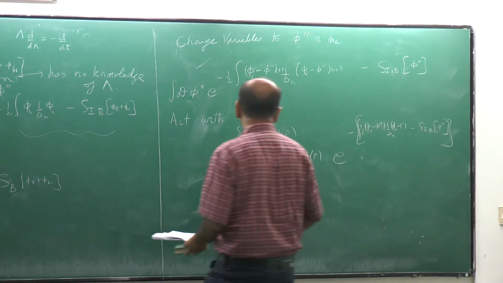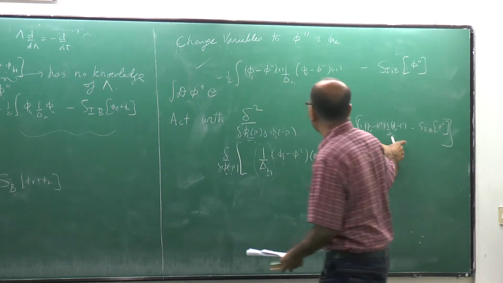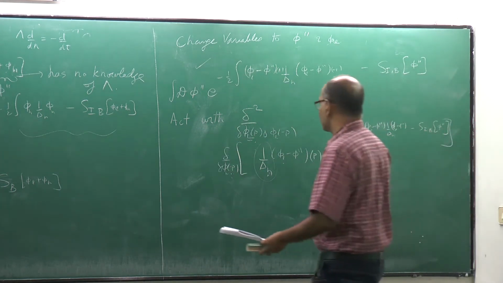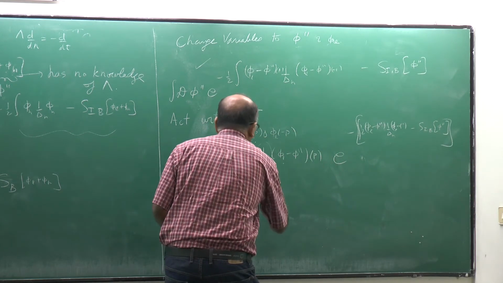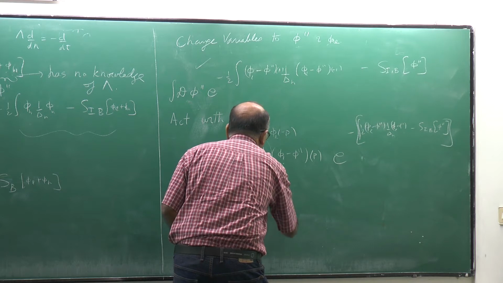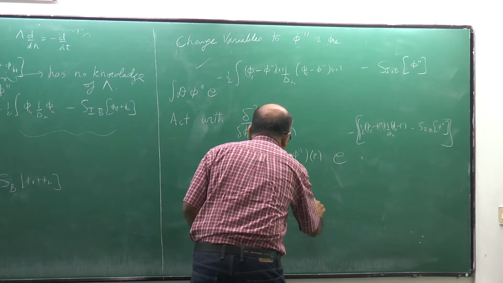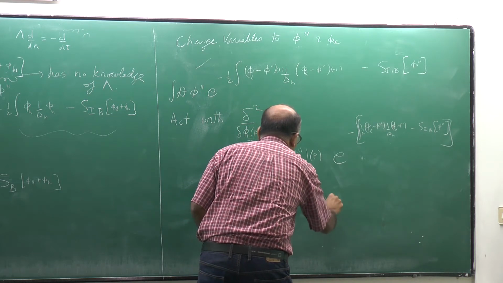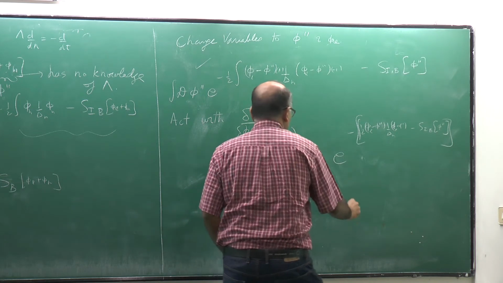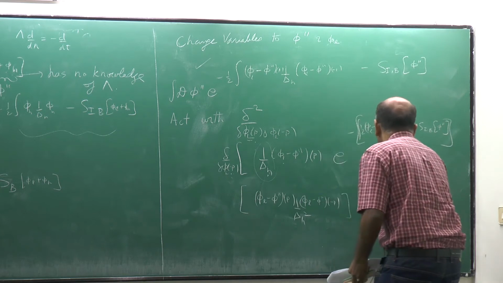So when you act on that second time, you get again another same factor with a half gone and the same thing. So what you will get is two factors of this. So you get phi L minus phi double prime p, phi L minus phi double prime minus p, and then two factors of this times all this.